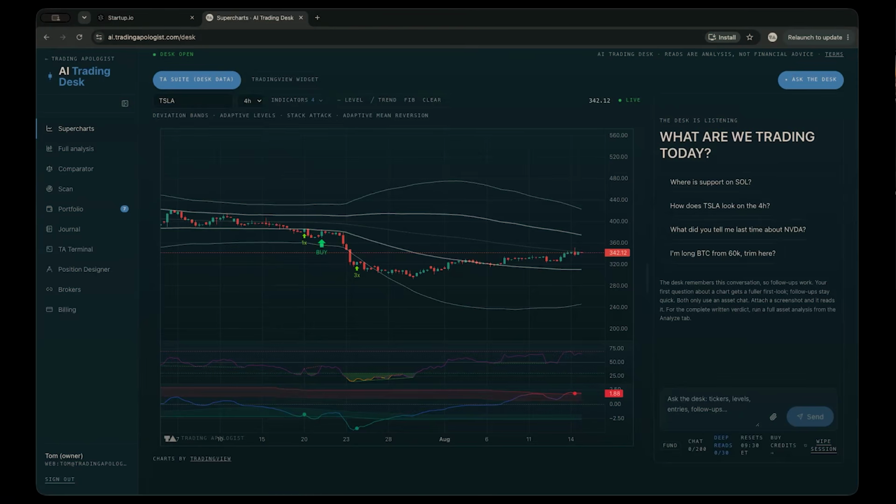So the point isn't necessarily to replace your analysis, but to help you focus it and to keep you from drowning in too much information, because there is a lot of information out there. So the point is to give you a technical deep dive and reads to determine if you should act on a thesis, if now is the right time to act on that thesis, and how you should consider sizing positions.